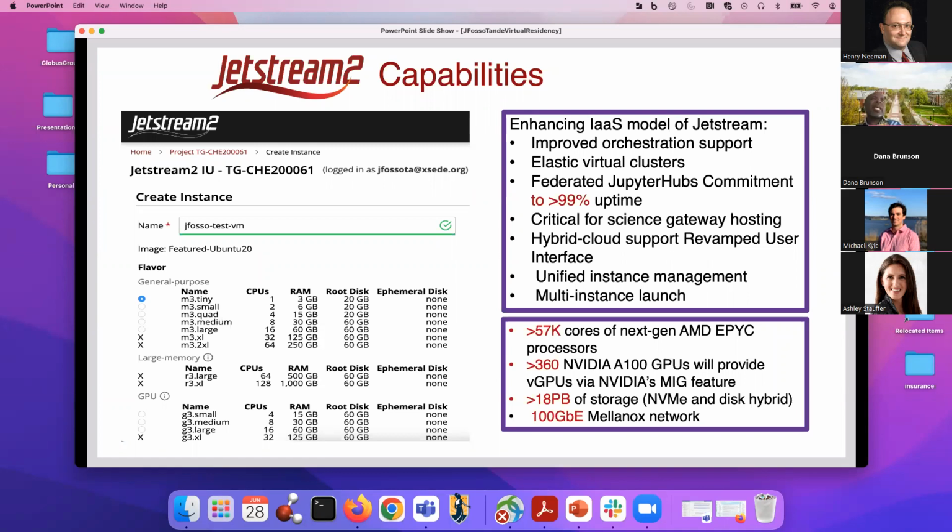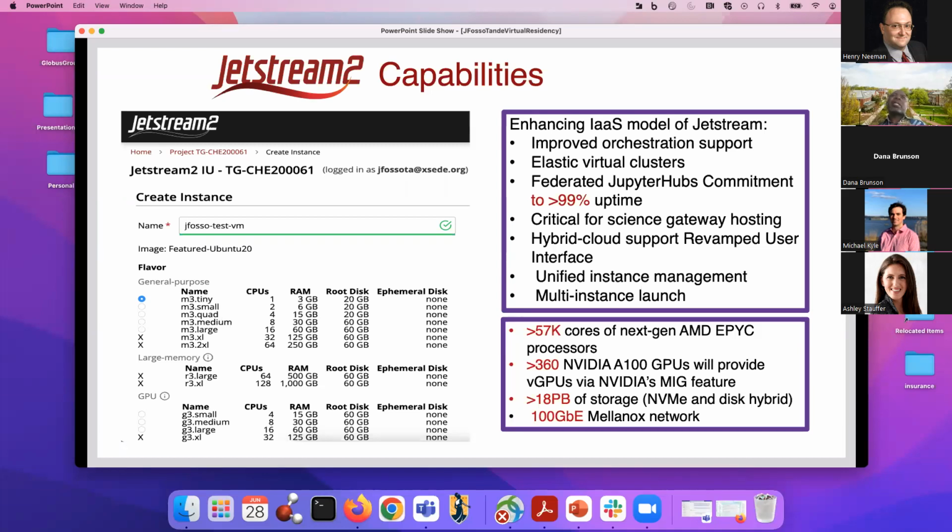So if you're thinking of setting up a Science Gateway for your institution or region, JetStream 2 will be a good place to get resources to set that up or to develop that. It has hybrid cloud support and a revamped, much better user interface compared to Jetstream, with unified instance management and multi-instance launch.